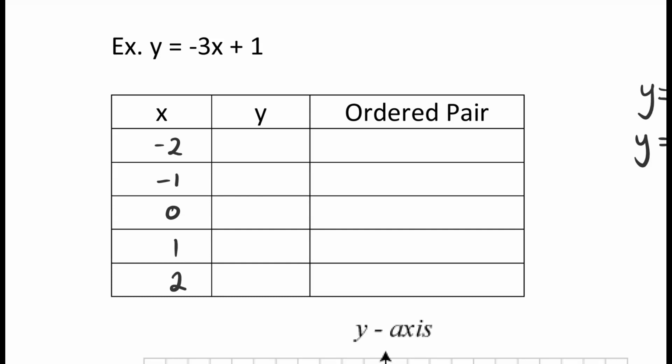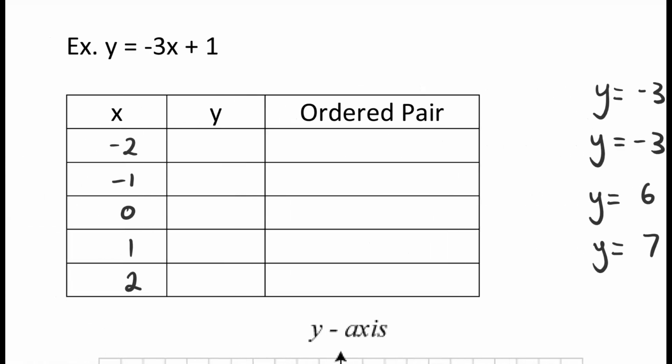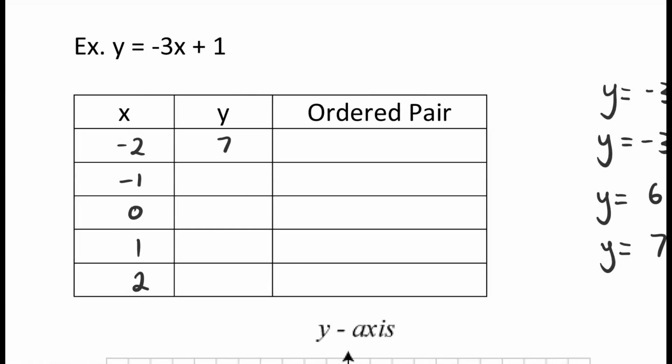Our value for x is going to be negative 2. So y equals, now we have a negative 3 multiplied by a negative 2. That results in a positive 6 plus 1. So y equals 6 plus 1, which is 7. So when we used x as negative 2, y was 7. Moving over to ordered pairs, negative 2 was our x, 7 was our y.